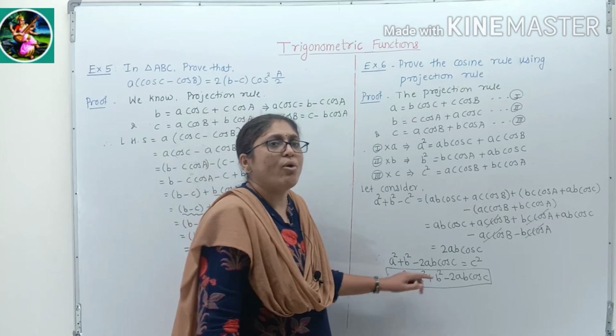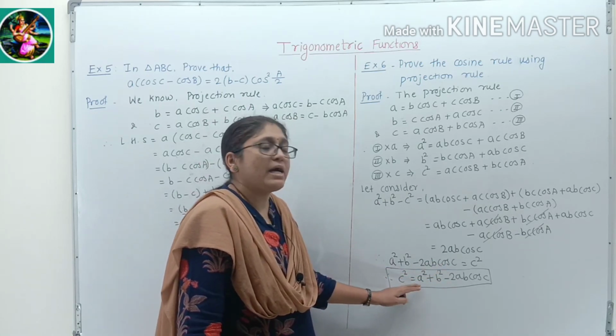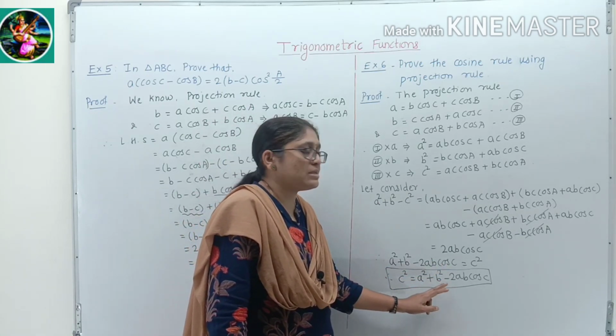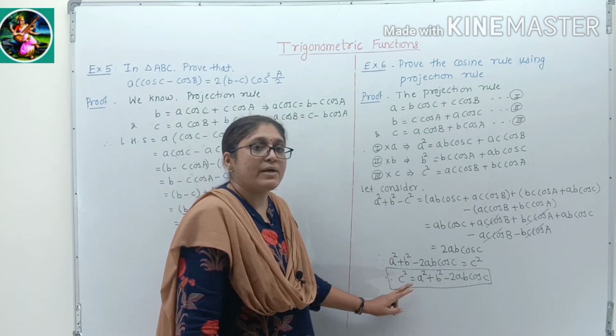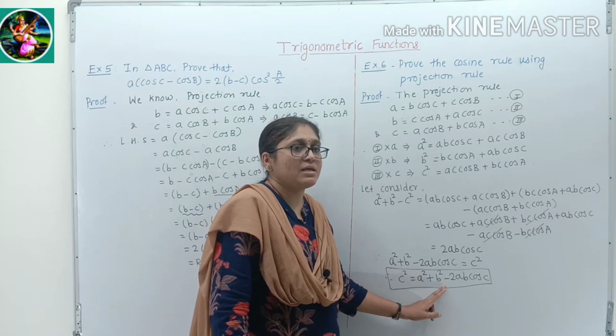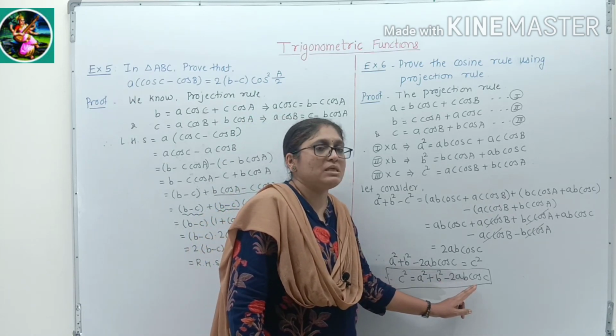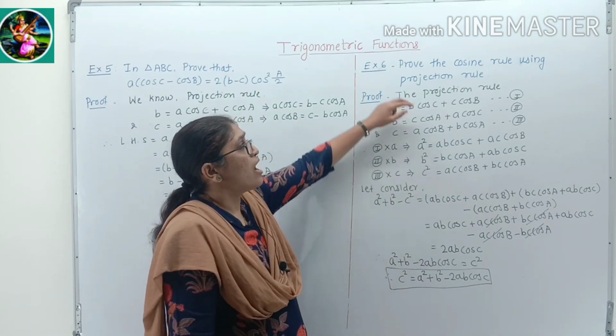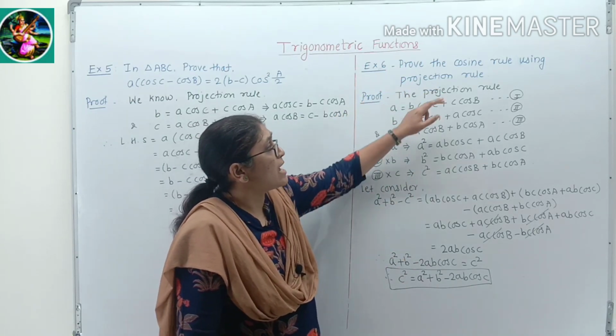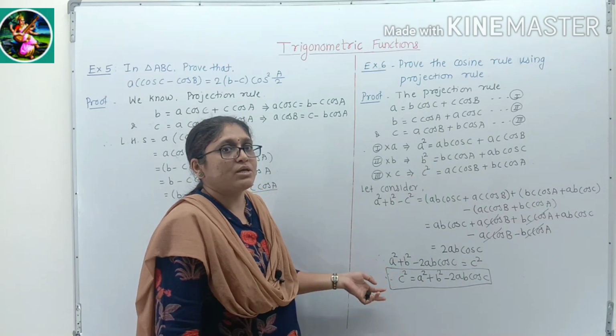Similarly, we can prove the other two, that is a² = b² + c² − 2bc cos A, and b² = c² + a² − 2ca cos B also. Therefore, in that way, we have proved the cosine rule using the projection rule.